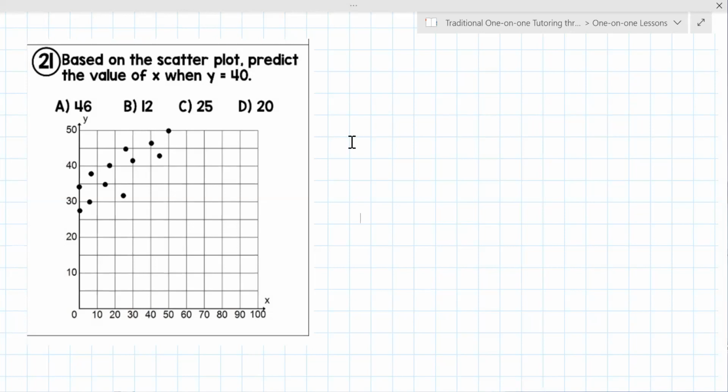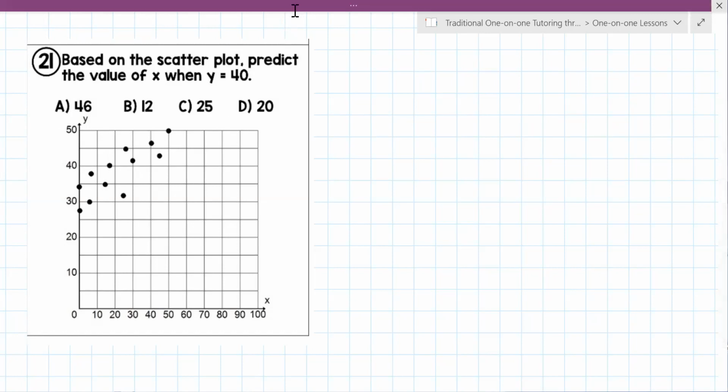Okay, so I got a value of also 40. Or in between 40 and 50. So which would you choose here as your answer? A, B, C, or D?